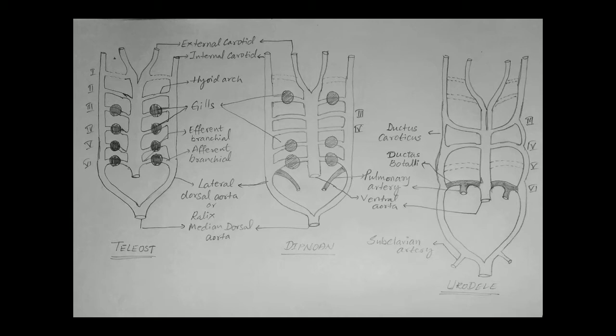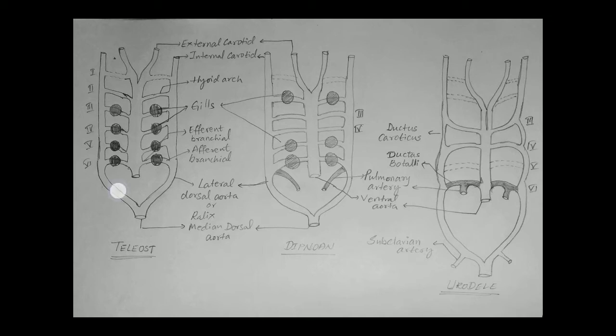From fishes onwards, in elasmobranchs, generally they have 4 to 5 pairs of aortic arches, usually 6 or less than 6. Some primitive elasmobranchs, such as Heptanchus, have 7 pairs of aortic arches.